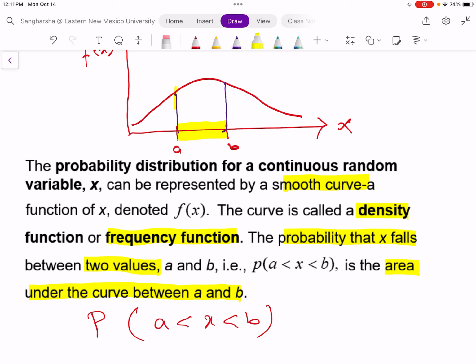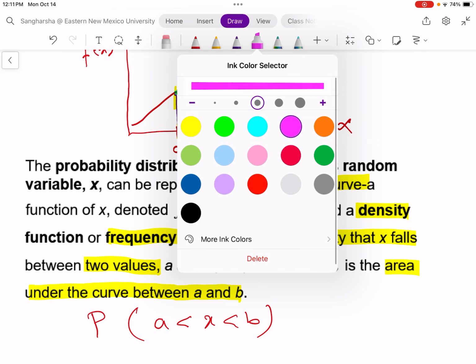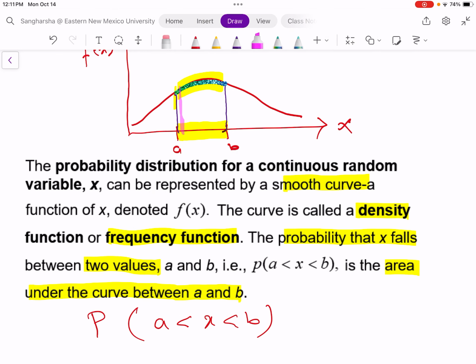This part is in the region between a and b, so we are looking at the area under this part of the curve only, between a and b. We want to know the area of this region, and this area is the probability that x falls between a and b.